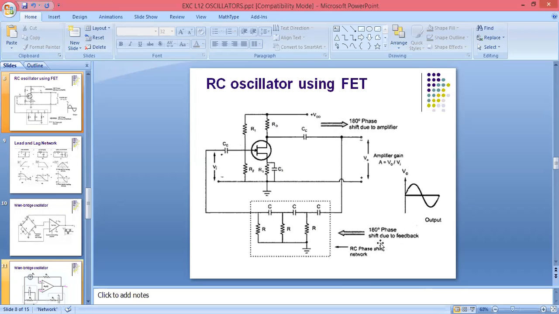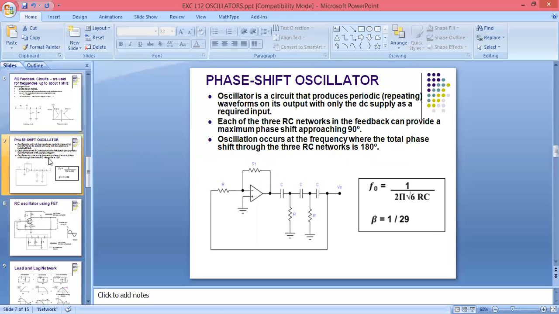हम क्या कर रहे हैं, जो हमें यहाँ पे feedback network चाहिए, we are making that feedback network from 3 RC network. अब किसी का क्वेश्चन रहेगा कि मैम यहाँ पे आपने पहले रेजिस्टर कनेक्ट किया है फिर कैपेसिटर. You can see this diagram. I am using capacitor first, but where?